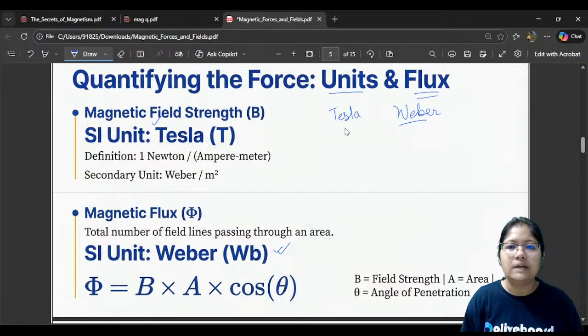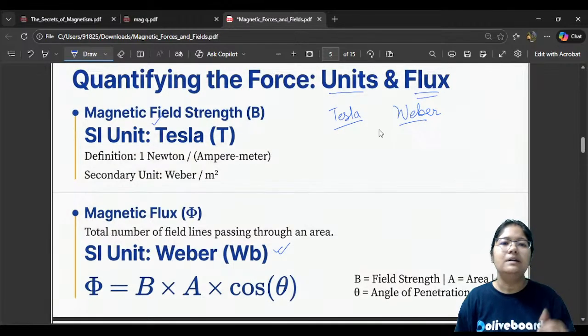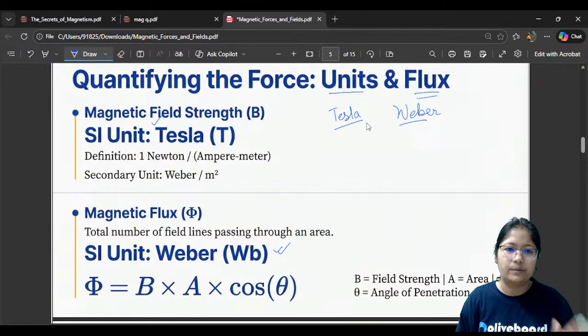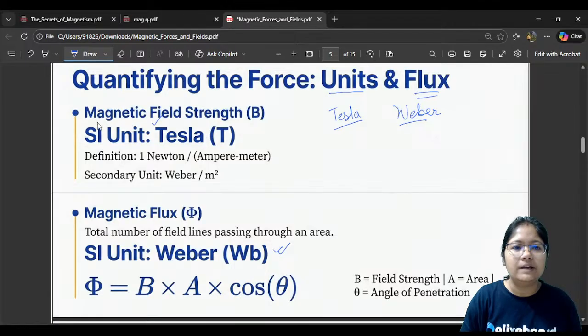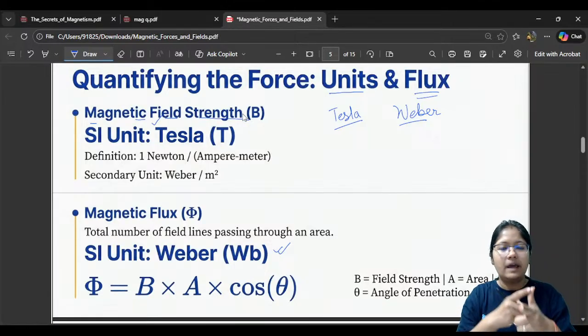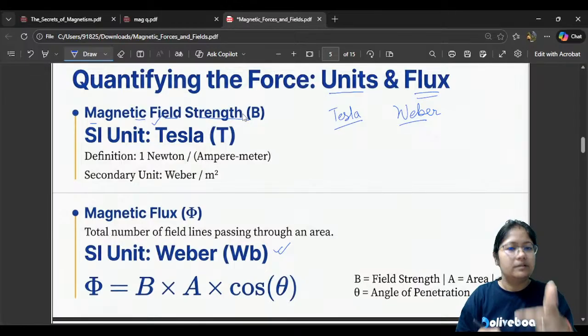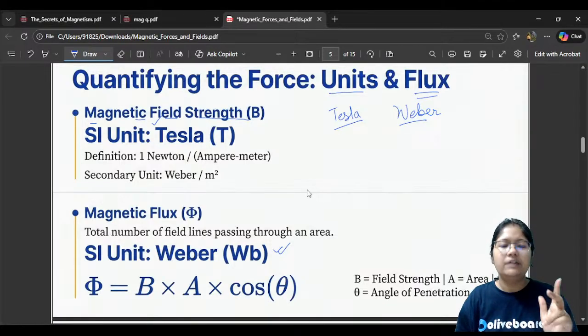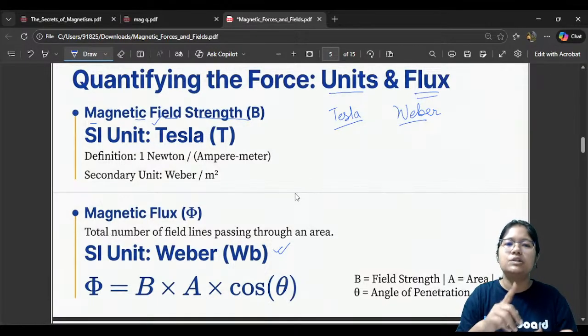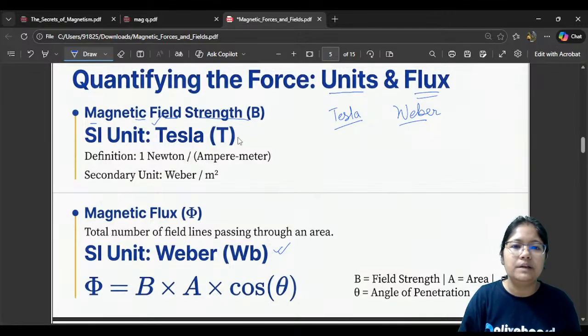Okay. So what are the units? The units are Tesla and Weber. If you want to find out the magnetic field strength, remember Fleming's left hand thumb rule. If you want to find out the strength of the magnetic field, it will be denoted in Tesla.